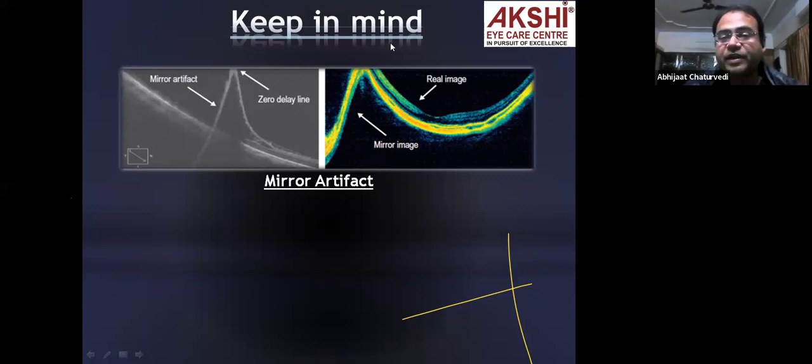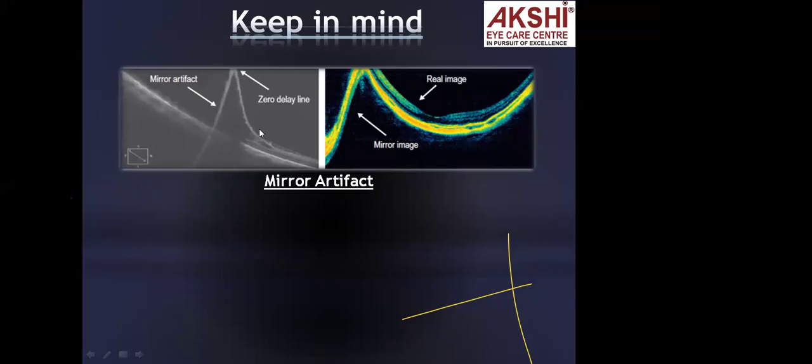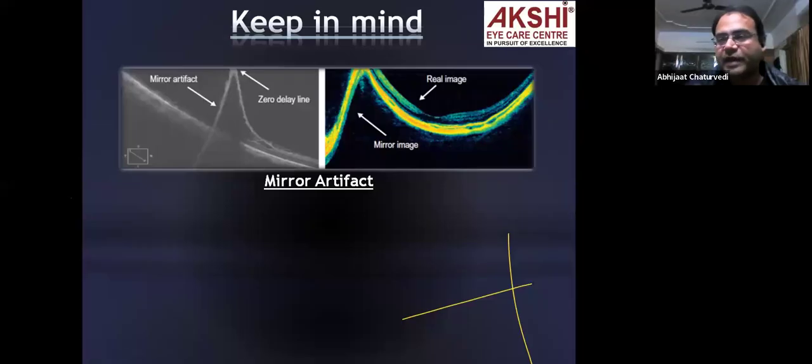You start getting a mirror image. And once you get this mirror image, it means you have crossed this line and the image has inverted. This might give you a false diagnosis of, maybe, retinal detachment, which is actually not there. It's just that you have crossed that zero delay line and the image has started getting inverted. So this is called mirror artifact.